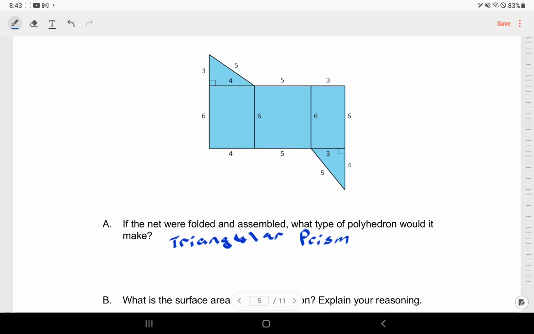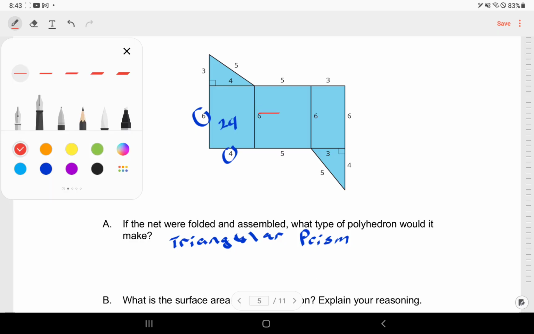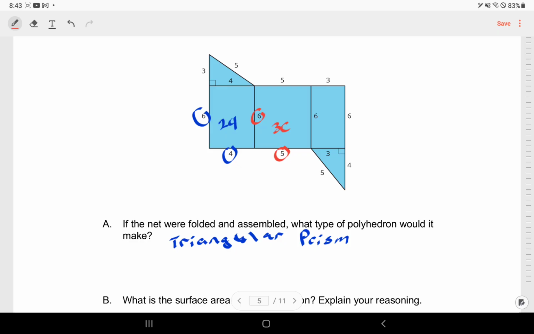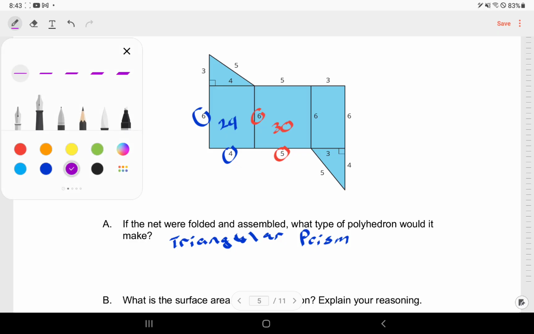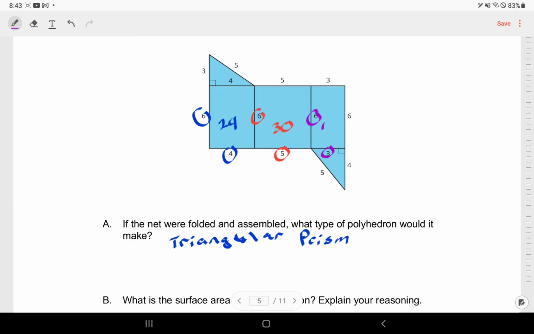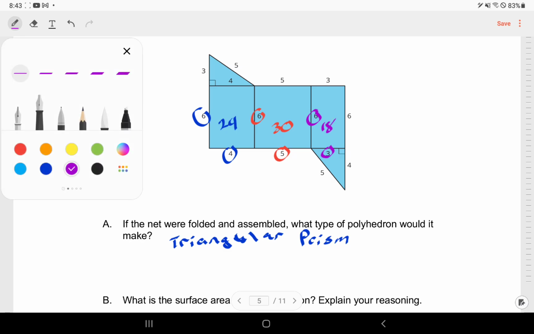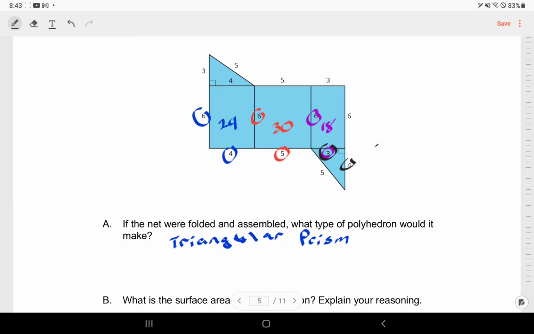Well, this is where we go through. 6 times 4 is 24. 6 times 5 is 30. 6 times 3 is 18. Then we've got 3 times 4 divided by 2. Well, 3 times 4 is 12, divided by 2 is 6.